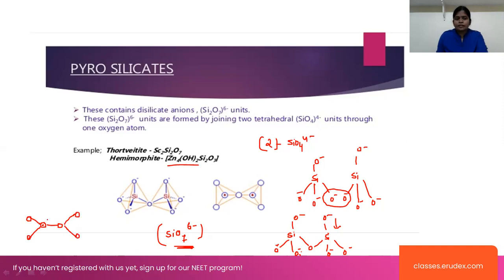This will be the oxygen here. Look at, in this case, Si2O7 6 minus. This is the top view representation. Top view representation here. Clear?